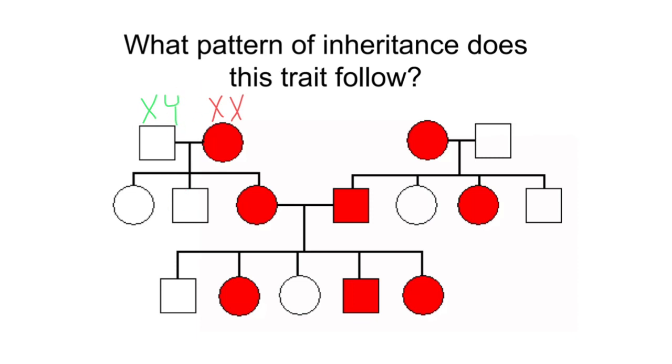This specifies his maleness. That means the second sex chromosome he can get only from his mother's side, and both of hers are defective. So his genotype is going to be defective X and normal Y chromosome.